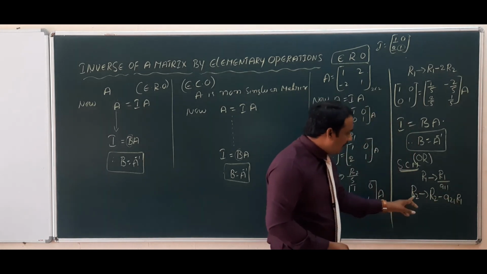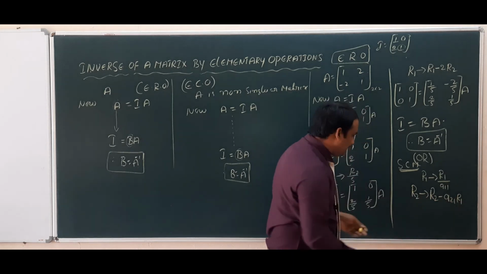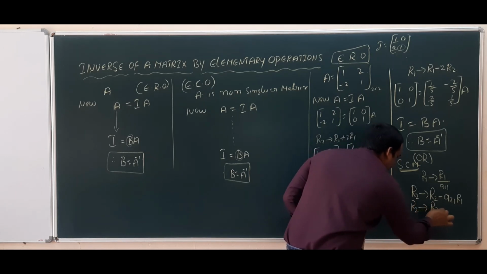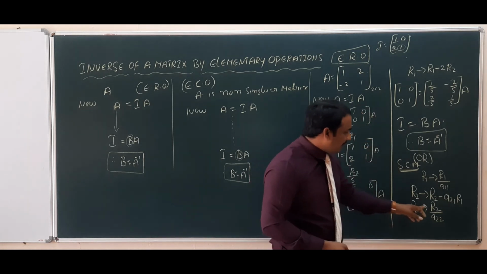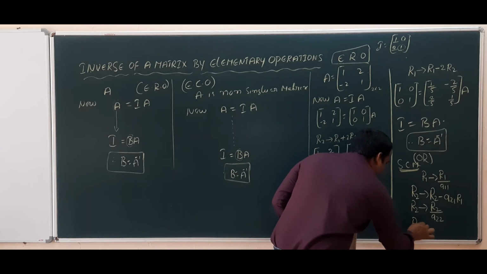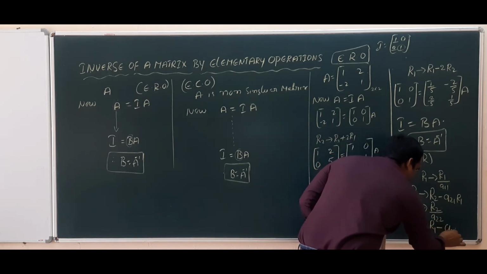Step 3: R2 implies R2 by A22. Step 4: R1 implies R1 minus A12 R2.